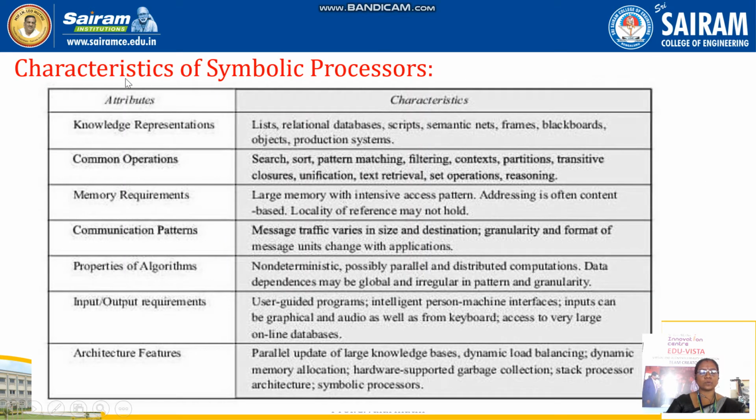Then what are the main characteristics of symbolic processors? First, knowledge representation. Knowledge representation is an attribute, and it includes lists, relational databases, scripts, semantic nets, frames, blackboards, objects, and production systems.